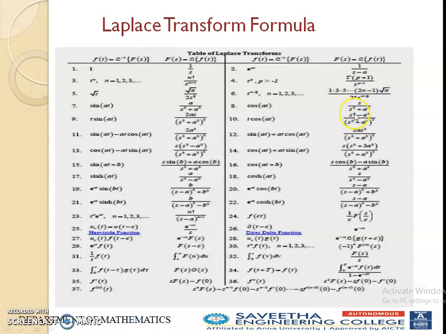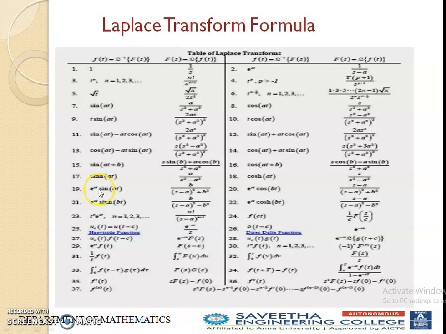So replace s with s minus a. Why do we replace s with s minus a? Because e power at has a positive value, we replace s with s minus a. If a negative value is given, we replace s with s plus a. The simple thing is, wherever s occurs, we replace s with s minus a or s plus a.